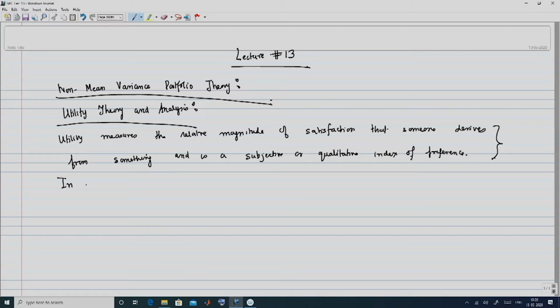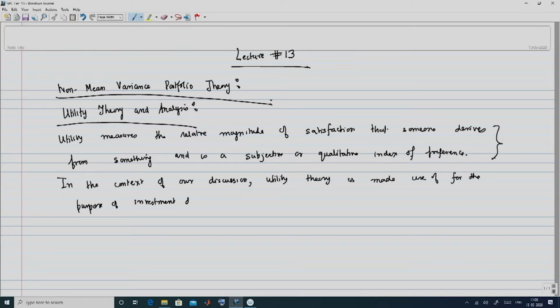So, on a more localized level, we say that in the context of our discussion on portfolio theory, utility theory is made use of for the purpose of investment decisions, and we will discuss extensively how this is done.